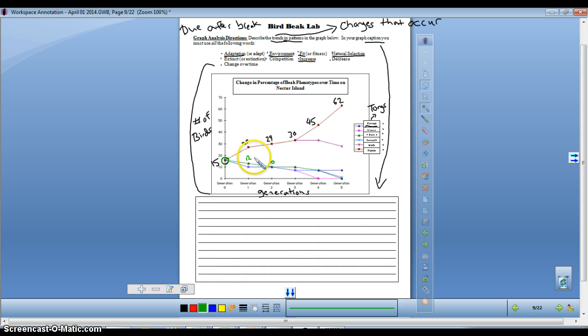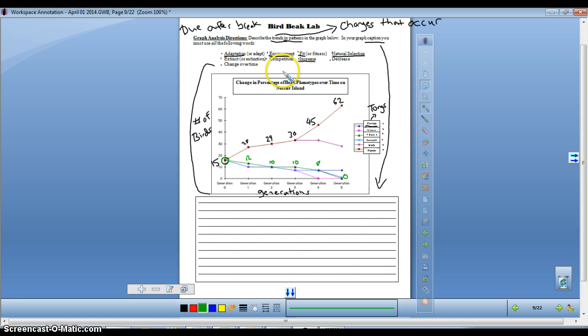The number of individuals decreased to 10. In generation 3, it stayed at 10 individuals. Generation 4 dropped down to about 8. And then generation 5, the number of individuals went down to 0. So how can we interpret this?